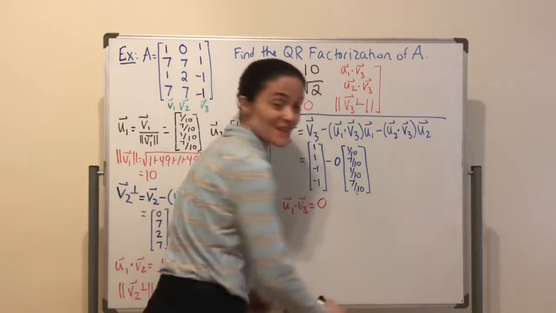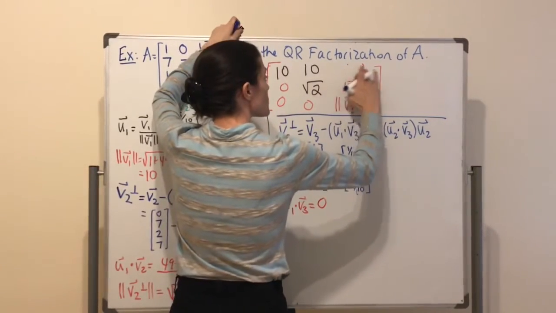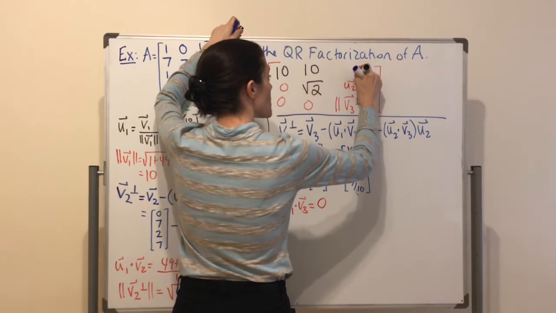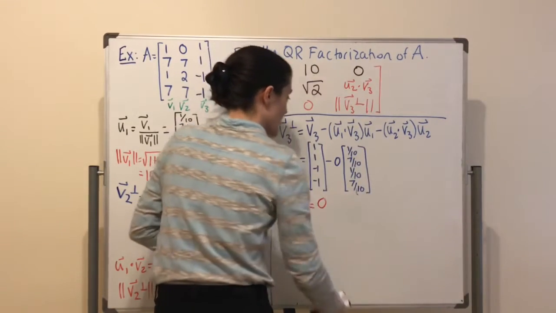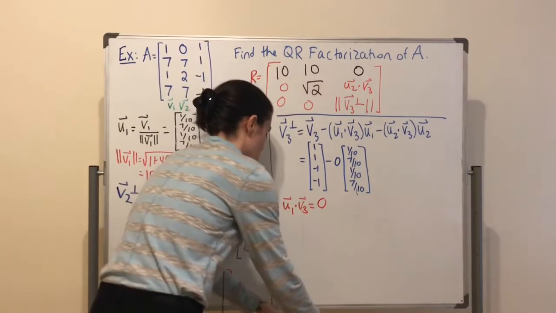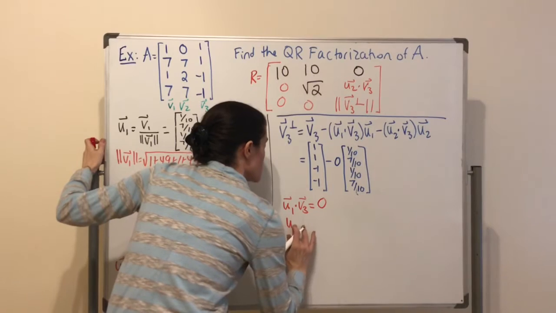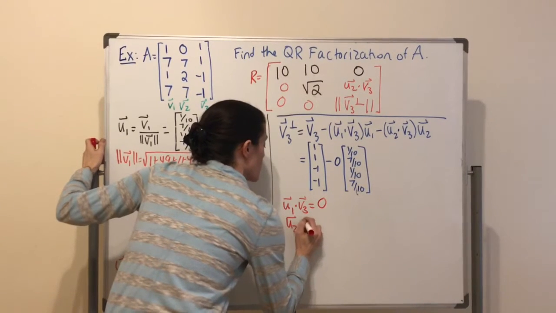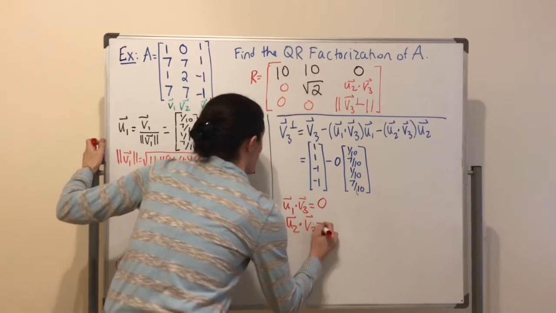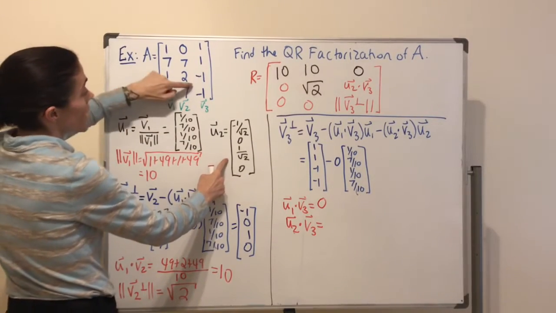And I know another entry in my matrix, because what did I compute? U1 dot V3. I have this entry. And then finally, what I need in red, I need U2 dot V3. Here's U2 dot V3.